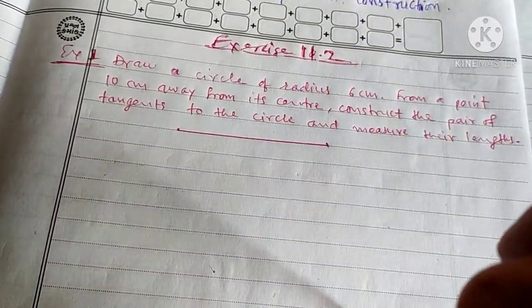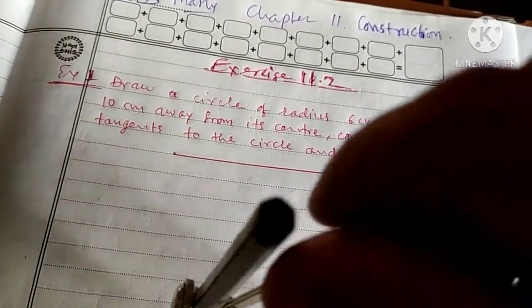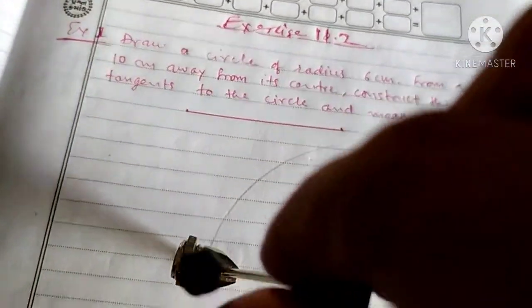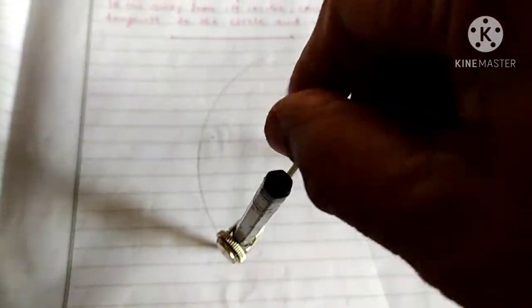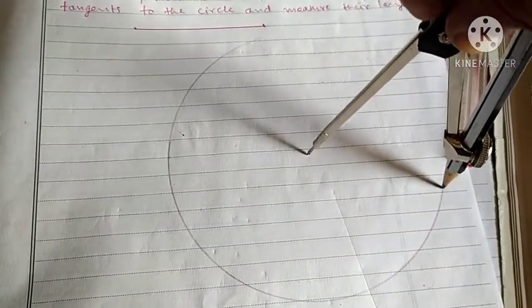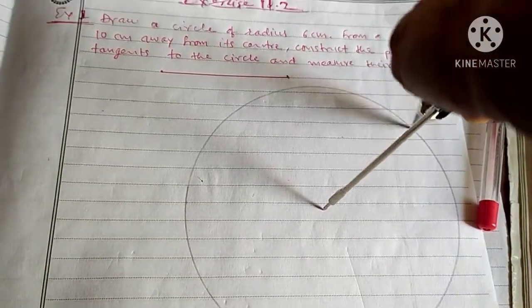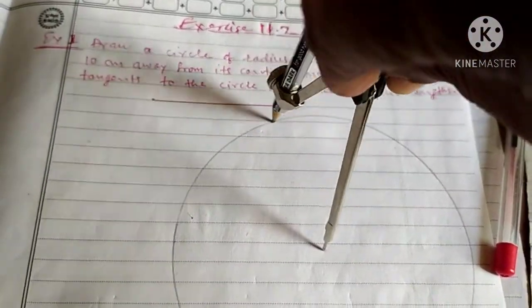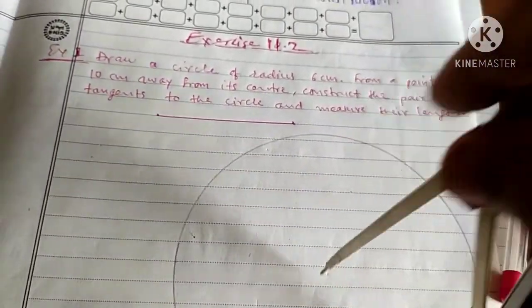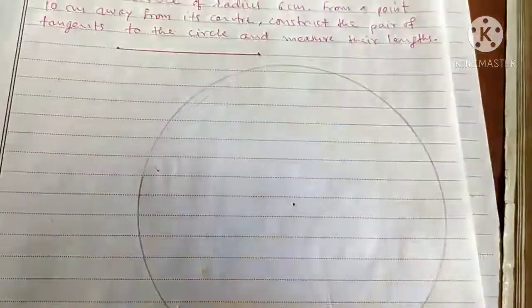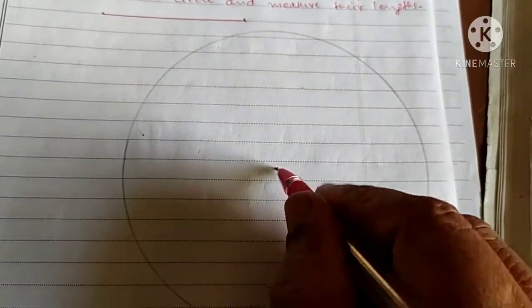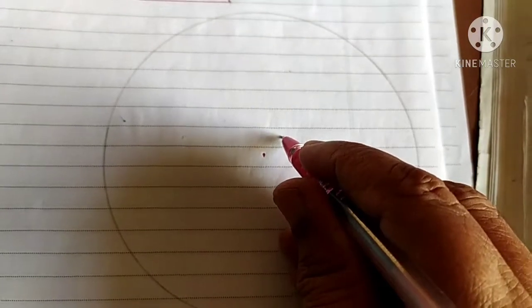Draw it properly, 6 cm. Okay, mark this center, say center O.